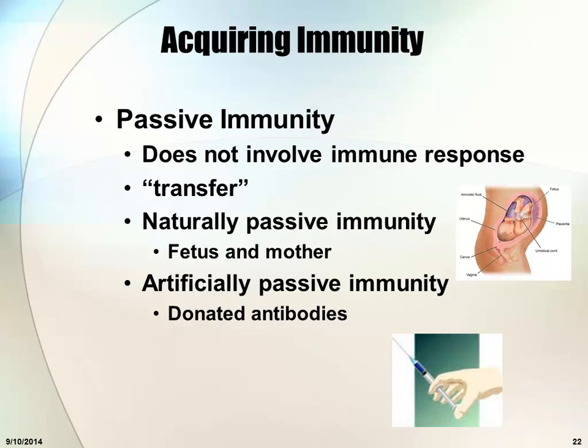So for naturally passive immunity, a great example is the fetus in the mom, where the fetus receives the mom's antibodies via the placenta, and it actually protects the infant for several months after the baby is born. So this is really a nice way where the mother transferred her antibodies to the baby to protect that baby for a period of time, okay? That is naturally passive, just a transfer.